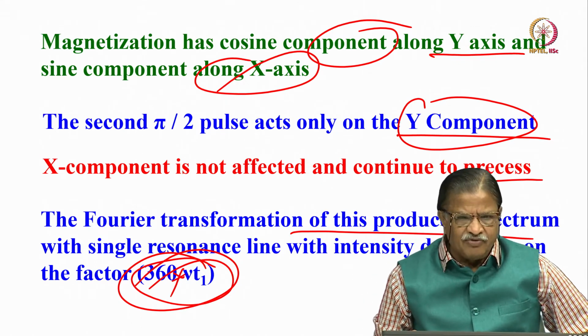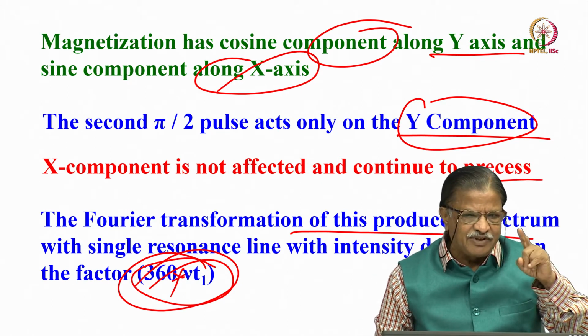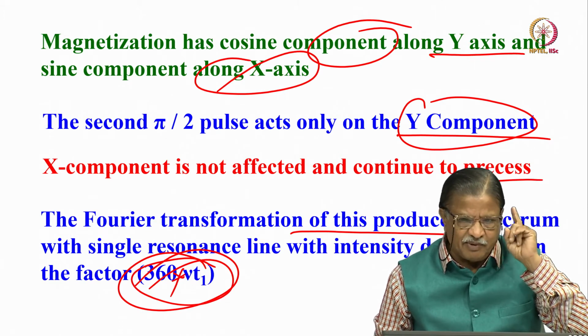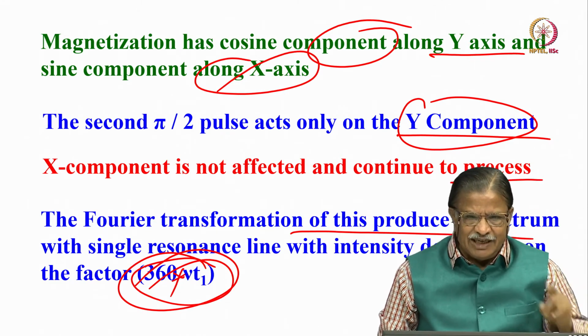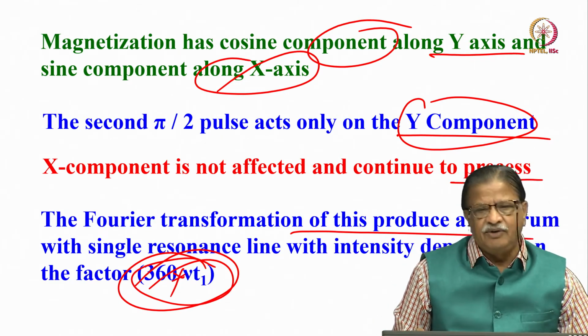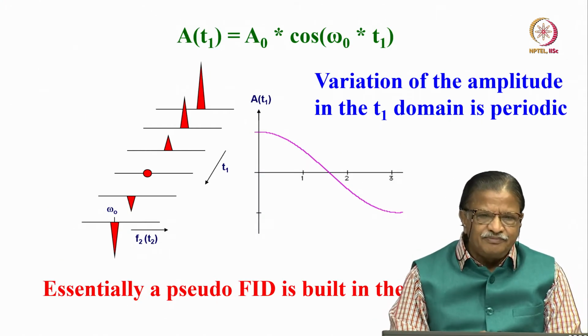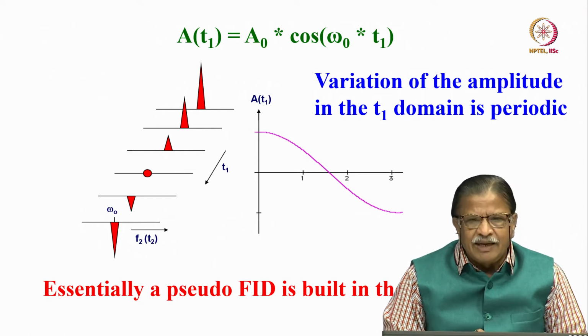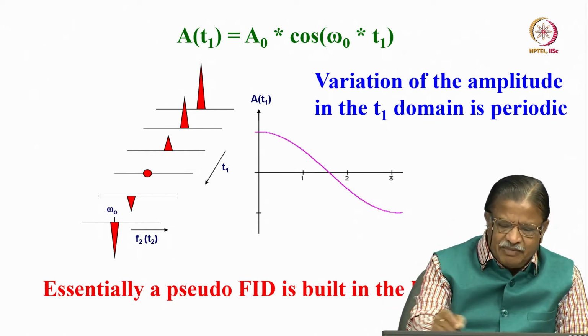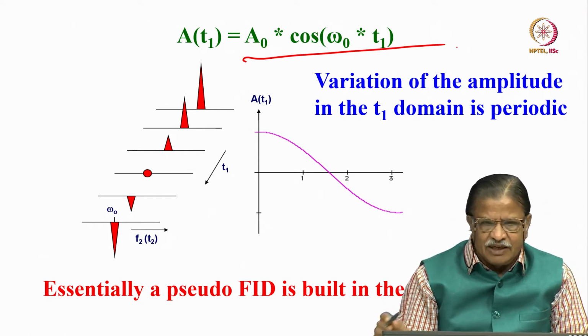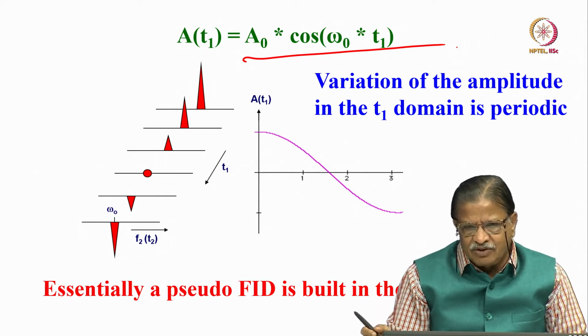Okay. Now the Fourier transformation of this gives a single frequency, a spectrum corresponding to a single frequency, whose intensity is governed by 360 star nu of T1. Now how the intensity varies is given by this expression. We are taking the cosine component of that, cosine omega 0 star T1.